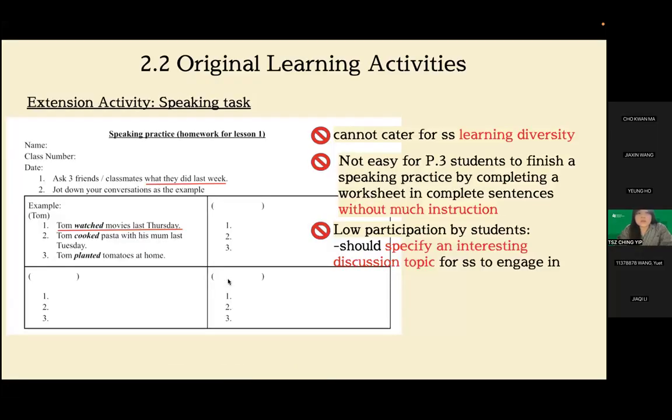And for the extension activity, the speaking task, it also cannot cater for students' learning diversity, and it is not easy for primary 3 students to finish a speaking practice by completing a worksheet in complete sentences without much instruction from teachers. And also there is low participation by students because we should specify an interesting discussion topic for them to engage in.